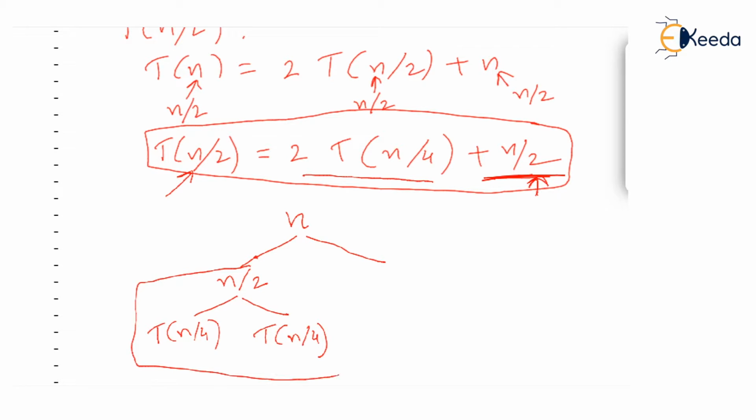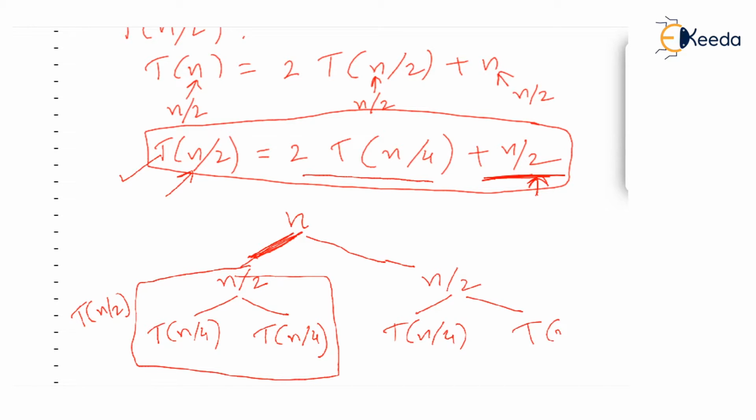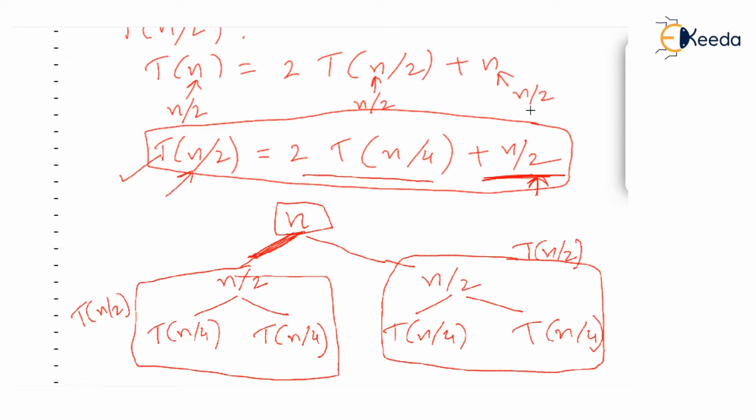This section is T(n/2), isn't it? Yes. And the left child of this root was T(n/2). What was the right child of the root? T(n/2). And what is T(n/2)? It is n/2 added with T(n/4) and T(n/4). This is again T(n/2). So this is the tree: the root indeed was n, and the two children of the root were T(n/2), n/2.